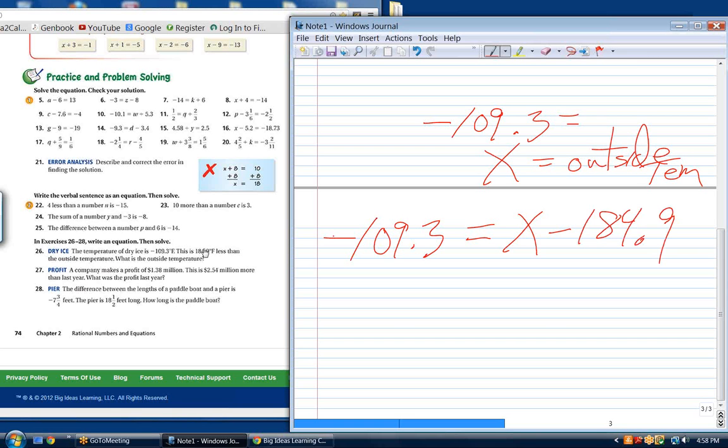In other words, again, they give you the part that's being subtracted first in the sentence. They say this is 184.9 degrees less than x, and that's what that means. It means x minus 184.9. It doesn't mean 184.9 minus x. And notice that's the same as up here on 22, where the 4 was being subtracted from n.